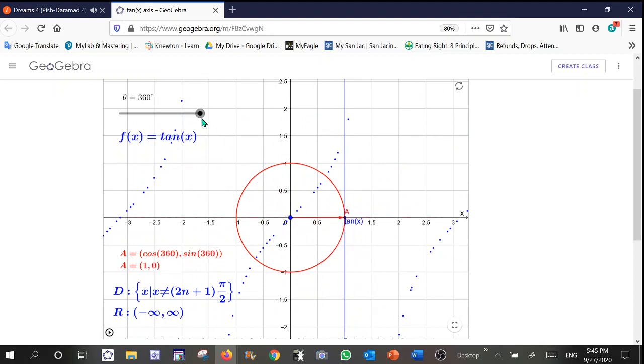It's graphing several cycles of tangent, and I go from negative 360 to 360, right? That blue graph is actually tangent. I can go 1 degree at a time, and you see it.